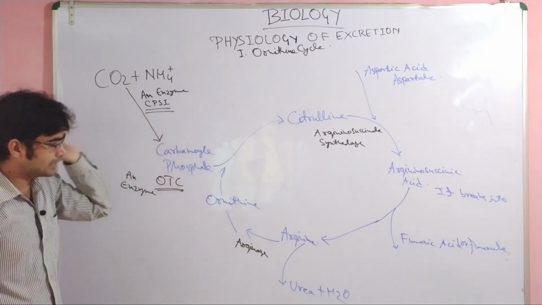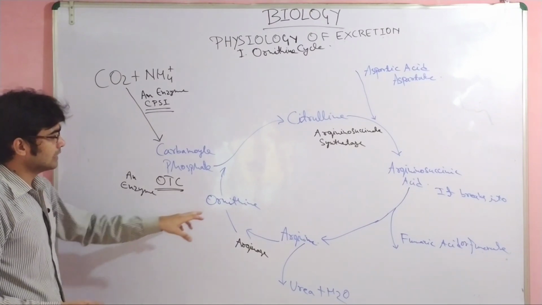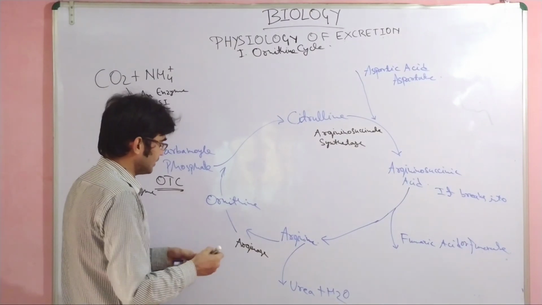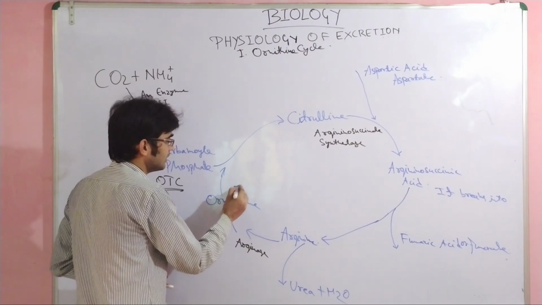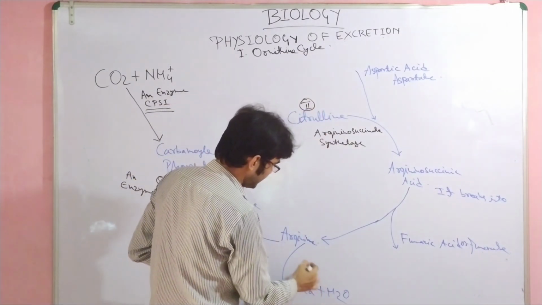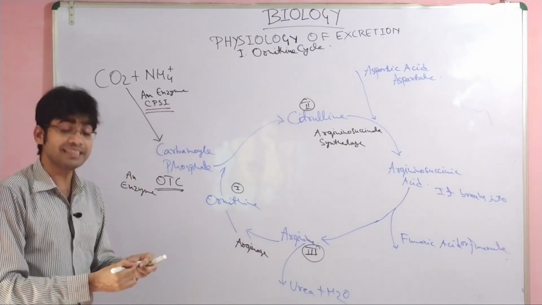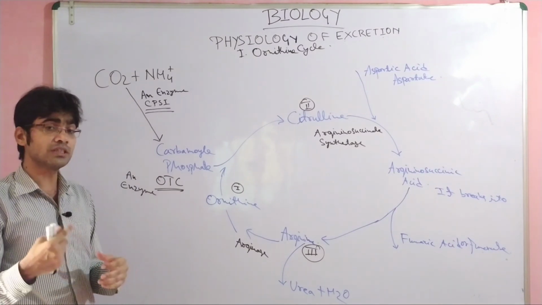Now here I told you that ornithine is the first, this is the second, and this one is the third. Three amino acids are formed and transformed. Why am I using the term transform?